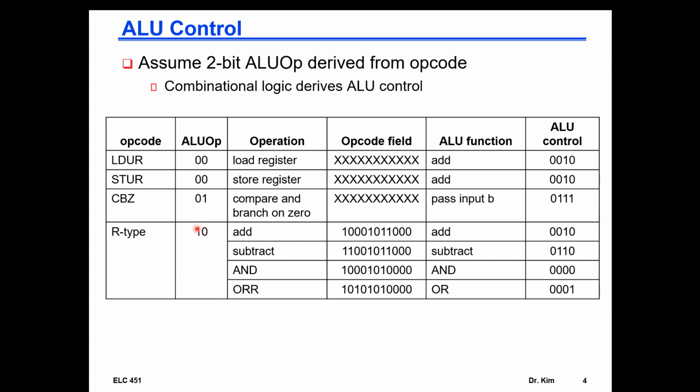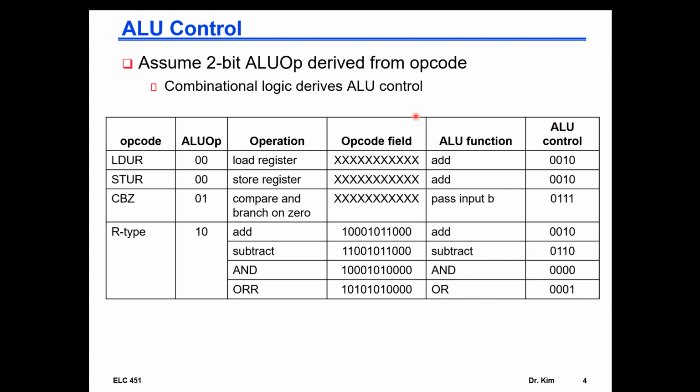So again, this is the truth table for the ALU control. We already saw that, and these 2 bits are coming from the main controller, and in the pipeline version are going to come through the pipeline register, and this is going to come from the instruction itself, which also is going to travel down the pipeline register.